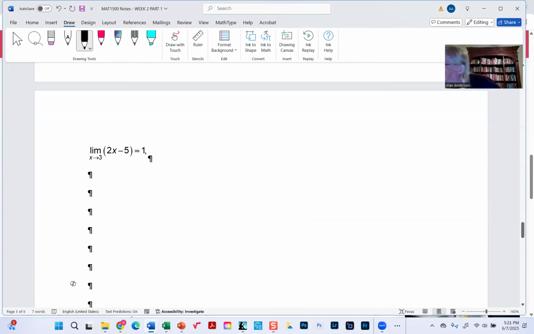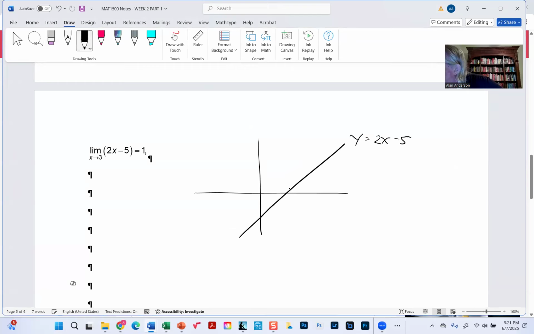So, 2x minus 5 is a straight line, no discontinuities. As we approach 3, the limit is 1.